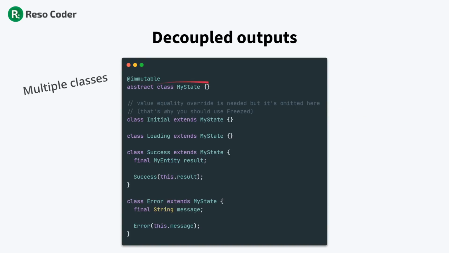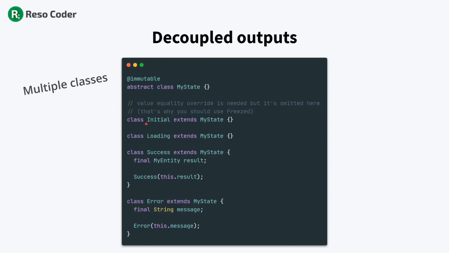But since Bloc or Redux can separate state into multiple separate classes, or freezed unions, if you would rather use freezed for it, which I highly recommend, but just for the sake of simplicity, I'm using just plain old inheritance here. Because of this fact, we can represent our initial or empty state extremely easily.